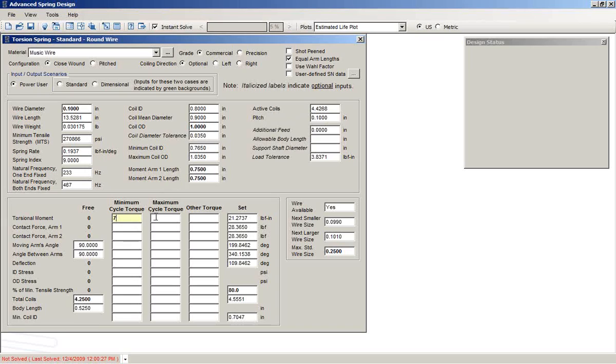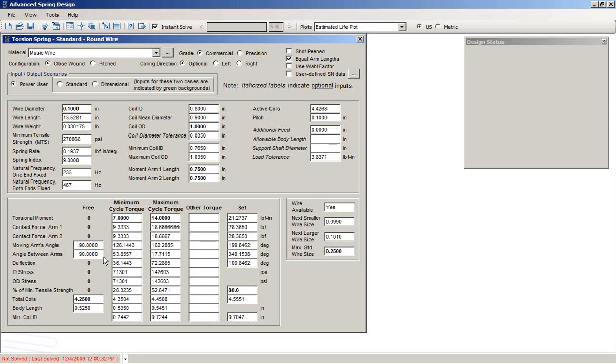Make some more entries here. And as I do, you see that the software has done the calculations. It shows the changes to the moving arms angle and the angle between arms as we add loads to the spring, these cycle loads.